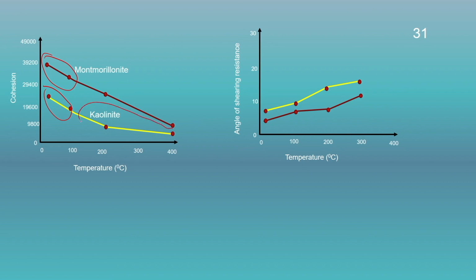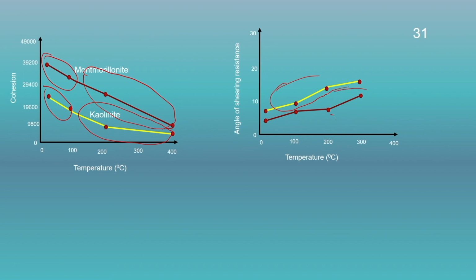That is again because of the breaking down of the particles and formation of large silt particles. As the large silt particles are formed, an increase in the angle of shearing resistance could be expected, and that could be evident from this diagram.